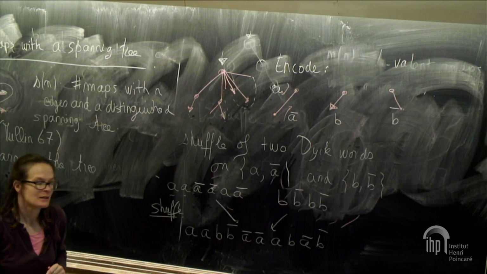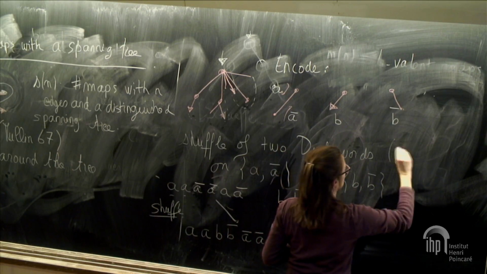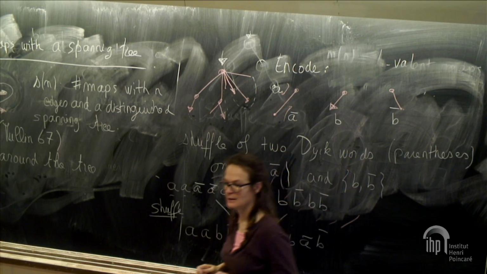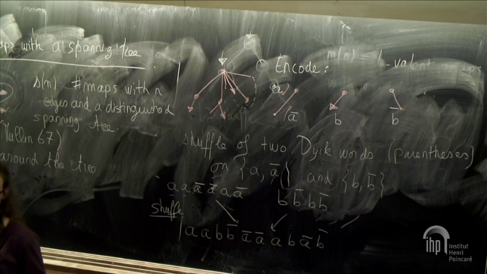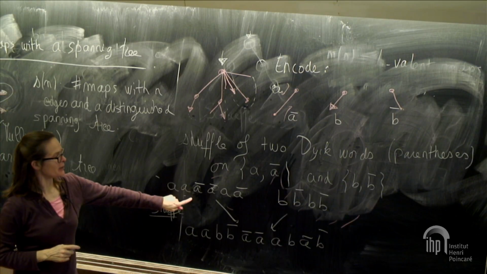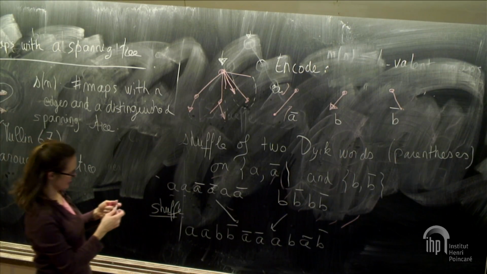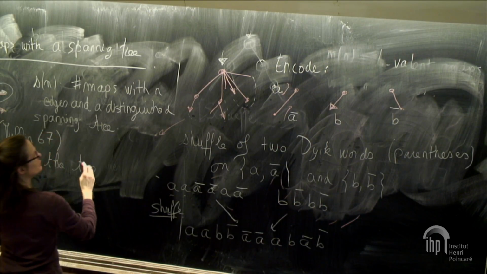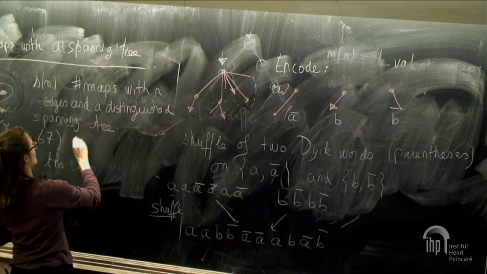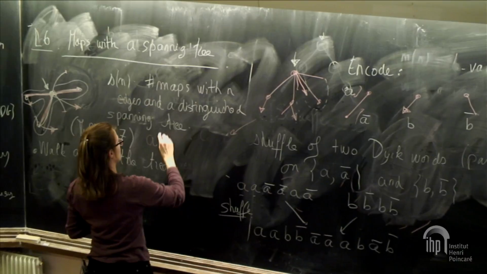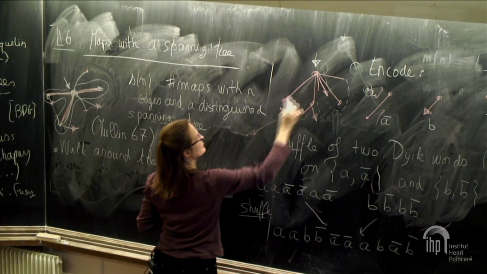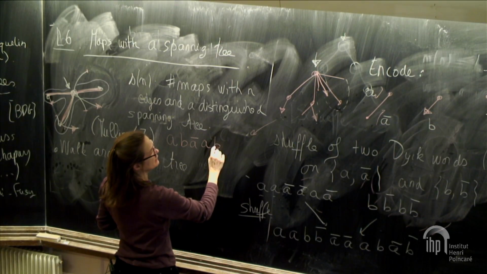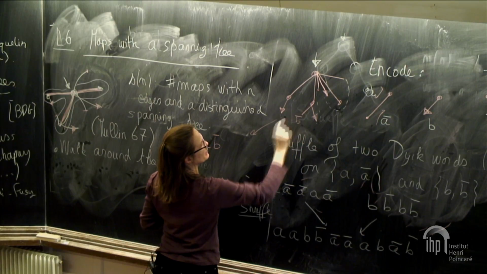Yeah, exactly. Yeah, so I don't claim that this word corresponds to this tree, sorry. So that's a good point. So here the word on my example would be, so I walk, I have A, then a B, then I'm back here, so that's an A bar, A, B bar, so that's a B bar.